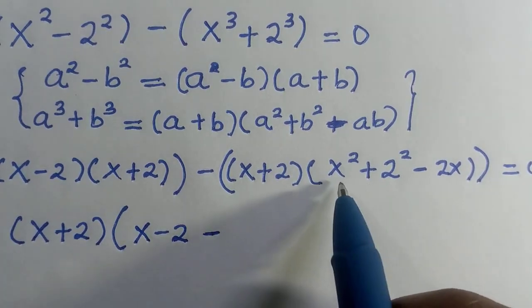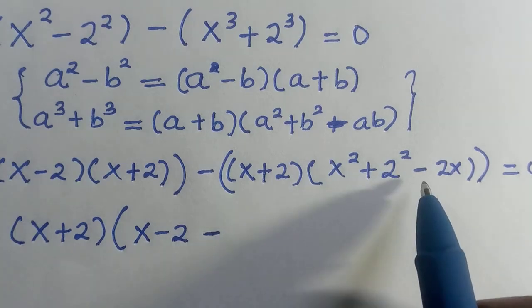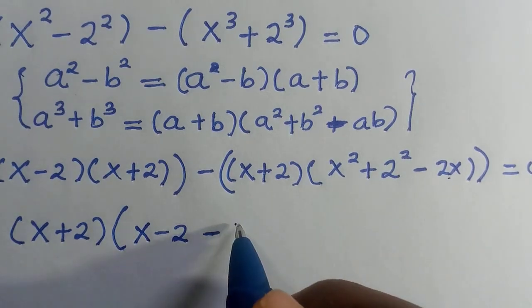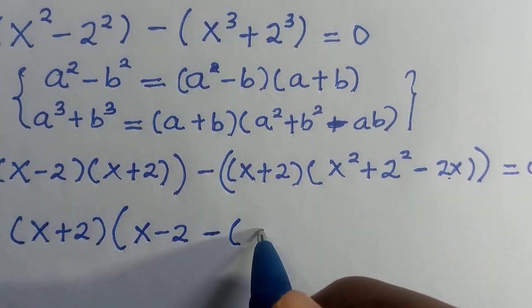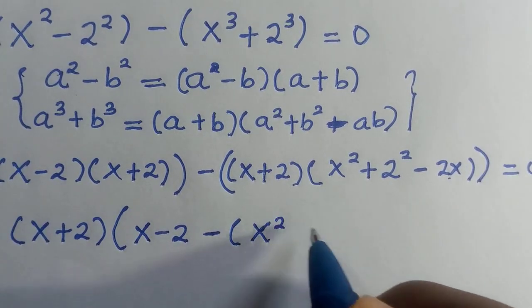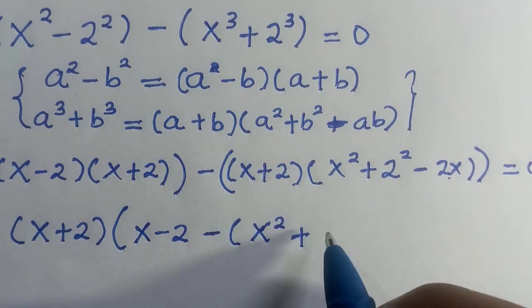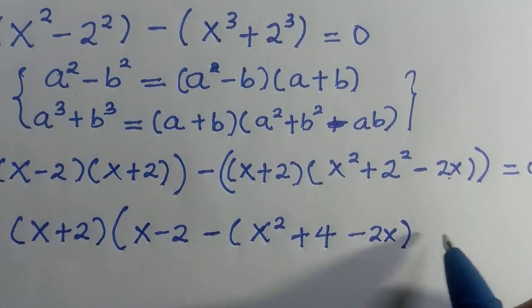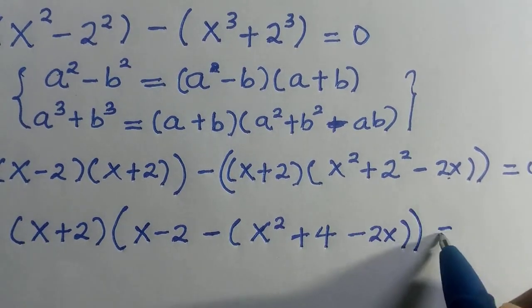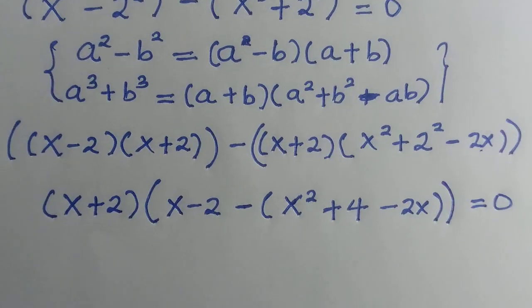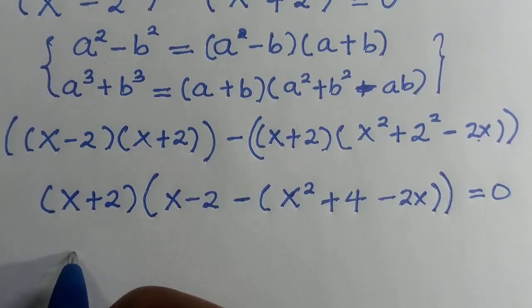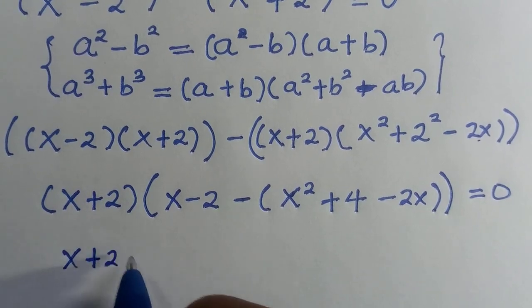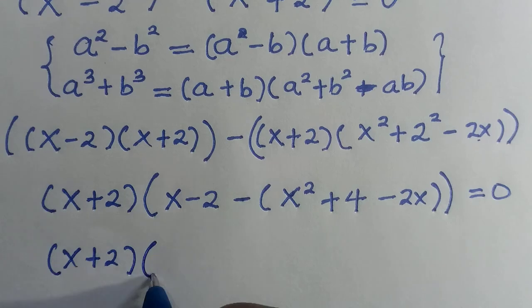Then there remains x squared plus 2 squared minus 2x. Let's try to put that in bracket first. We have this as x squared plus, so 2 squared is 4, and here is minus 2x, all in bracket, everything equals 0.